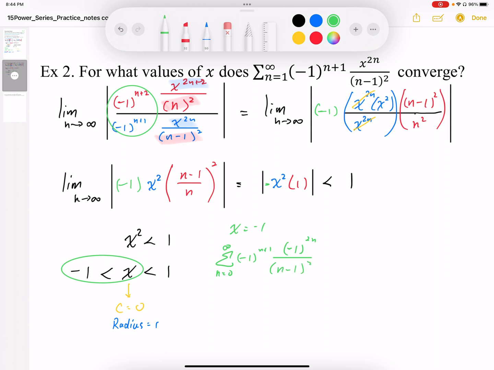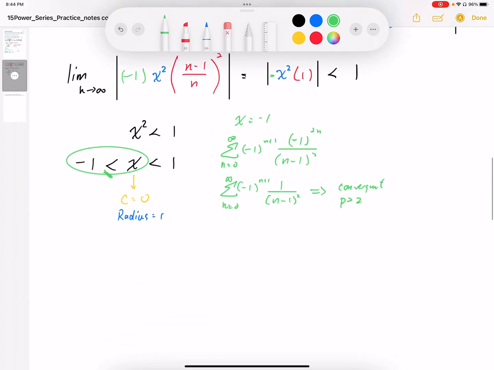If I simplify this, we have an alternating series here, -1 to the n plus 1, and that becomes -1 to an even power, which becomes 1. And then we have n minus 1 squared. Now that is a p-series of power 2, so this is convergent. P is greater than 2. Okay, so then we're going to include this endpoint of -1 as part of our interval.